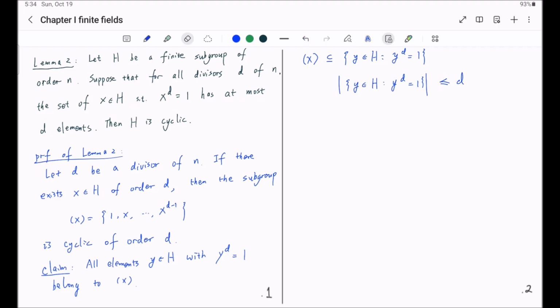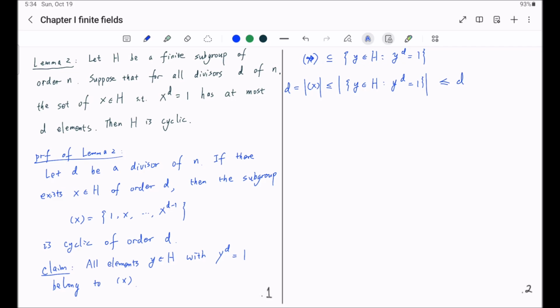But on the other hand, because x is of order d, the cyclic subgroup generated by x has cardinality precisely equal to d. And this cardinality is less than or equal to the cardinality of the other set. So, by squeezing, the cardinalities must be equal.